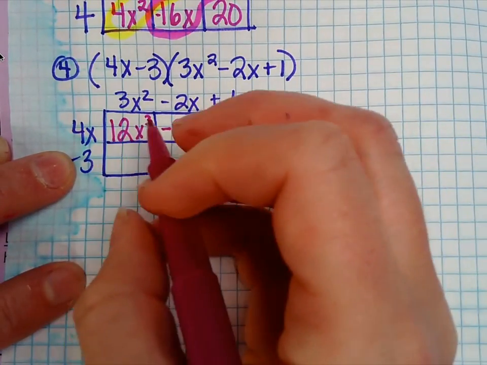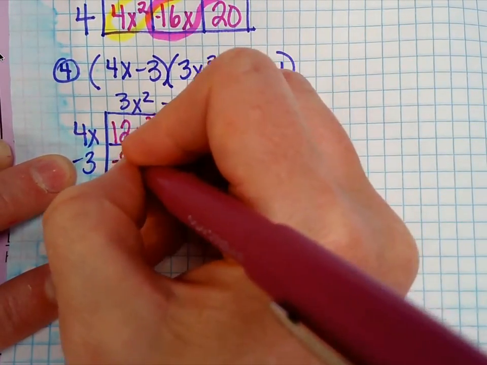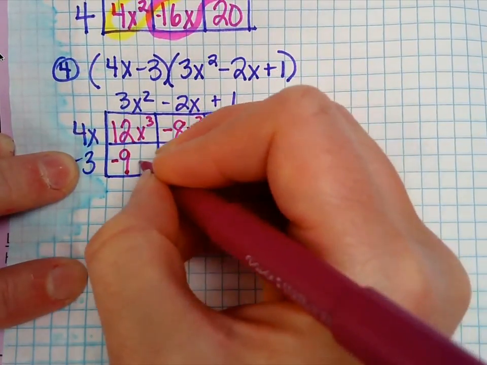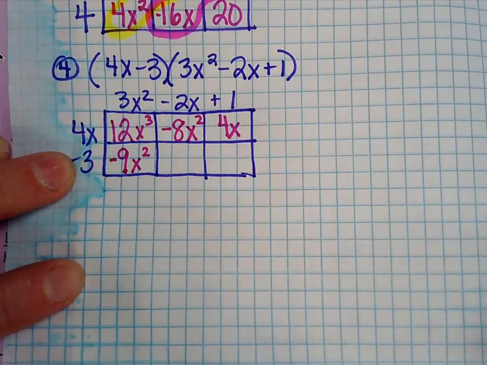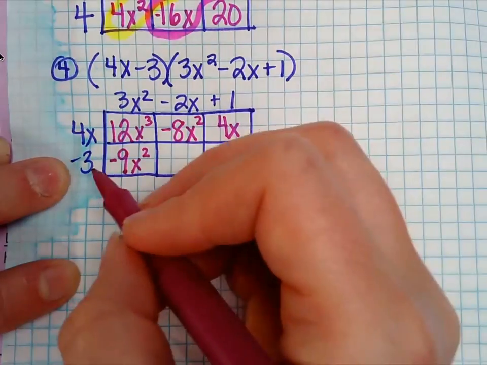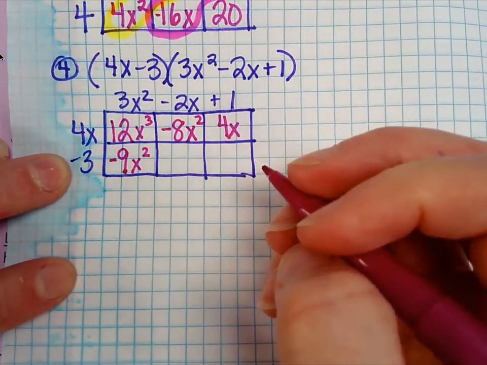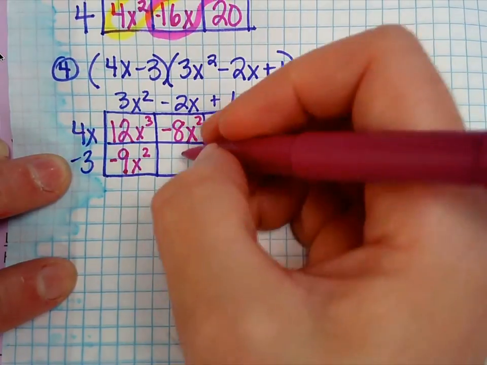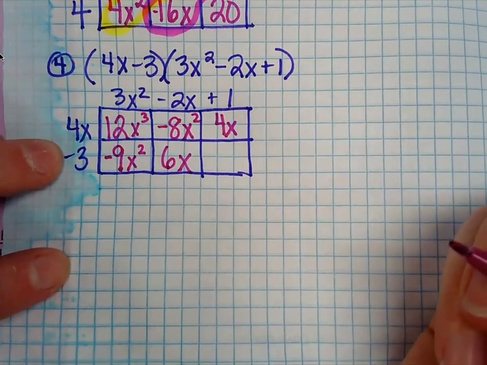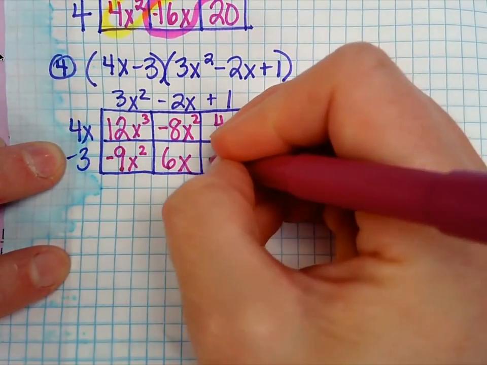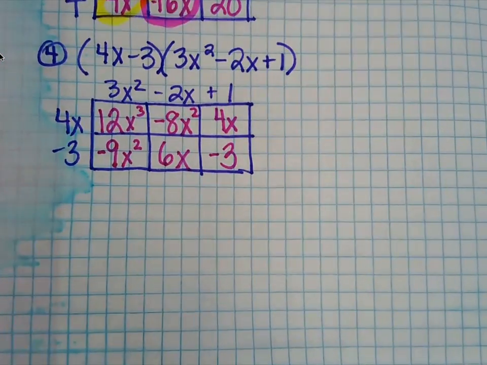Negative 3 times 3x, negative 9x squared. Negative 3 times a negative 2. Negative times a negative makes it positive 6. Then we just have an x. Negative 3 times 1 makes negative 3.